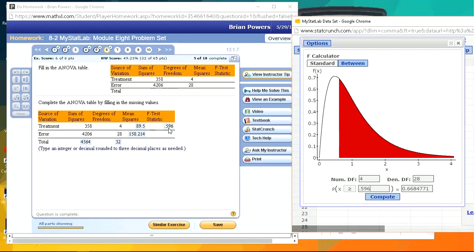It's probably quite common, right? About 2/3 of the time, your test statistic is going to be even bigger than that. So this is not a very extreme F statistic to get in this analysis of variance. So our p-value would be that 0.668. And how we interpret that and make conclusions from it, we'll look at in the next problem.